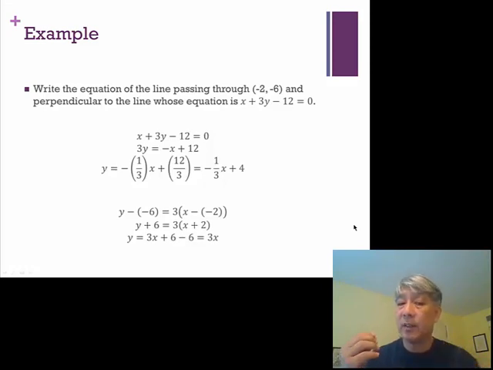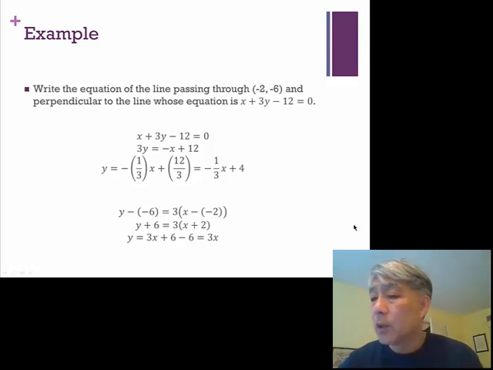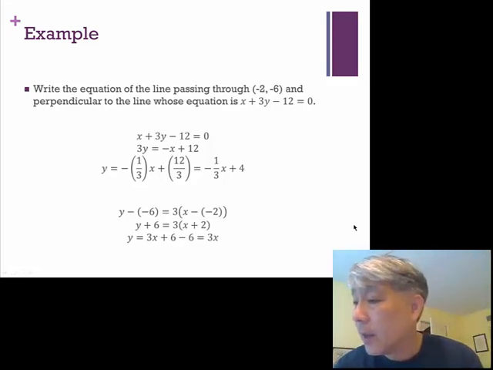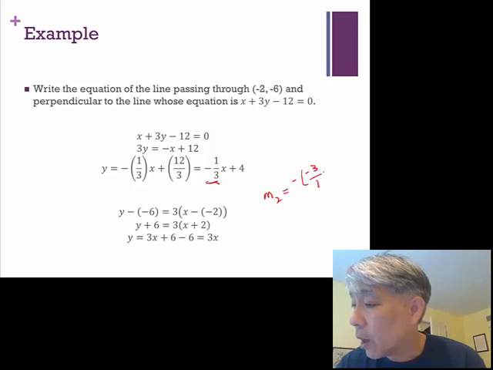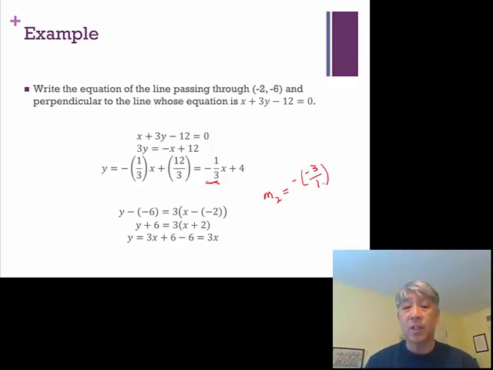Going to the point-slope formula, I find y minus the minus 6 is equal to 3 times x. Well, since the slope of the original line is minus 1 over 3, then the slope of my perpendicular line must be positive 3 over 1, or just positive 3. So we see here, this minus 1/3, m2 then must be 3 over 1, or basically just 3.